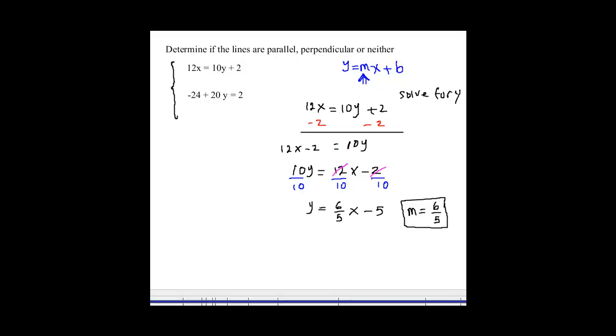Half of 10 would be 5. Very good. Yeah, you're right, Kim. That would be 1 over 5. Well, this would be 6 over 5. And that is your y-intercept, by the way.